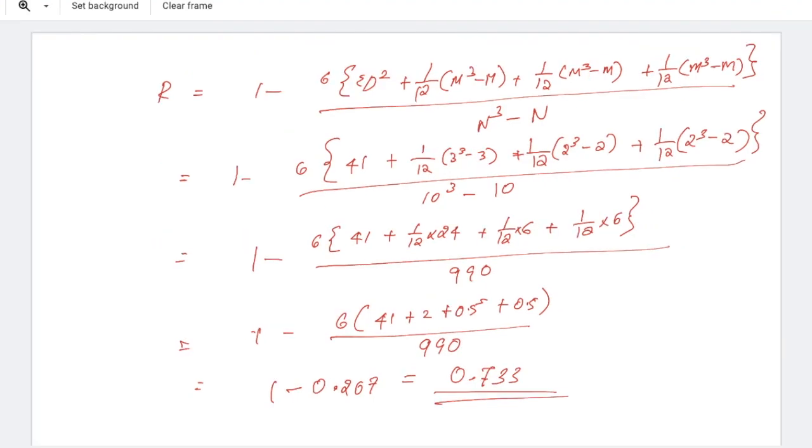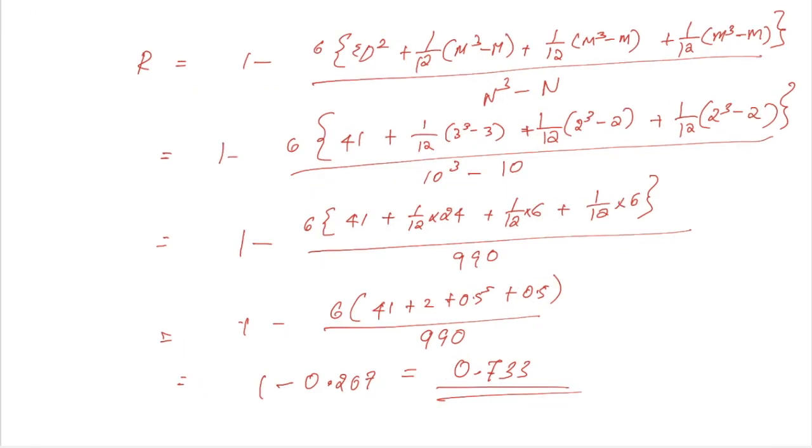Now what are the values here? 1 minus 6 into sigma d square, we got it as 41, plus 1 by 12 into the first repetition of 160, which was 3 times. So here it will be 3 cube minus 3, plus 1 by 12 into the second one, the repetition of 130, which repeated 2 times, and m will be the number of repetitions, which is 2.